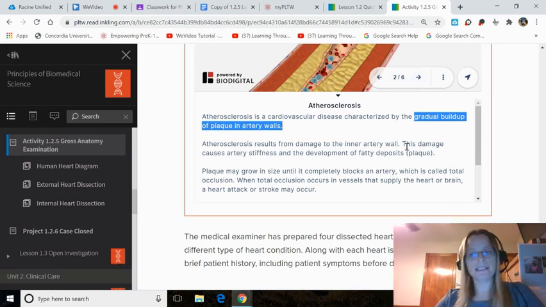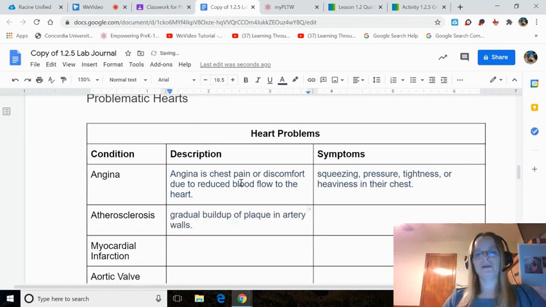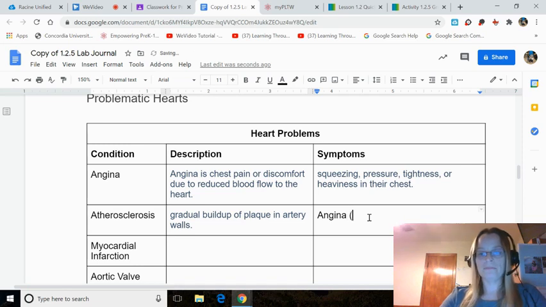So I'm going to Control C that. I'm going to Control V it right here. So atherosclerosis is the gradual buildup of plaque in artery walls. And ironically, one of the symptoms is angina or chest pain.